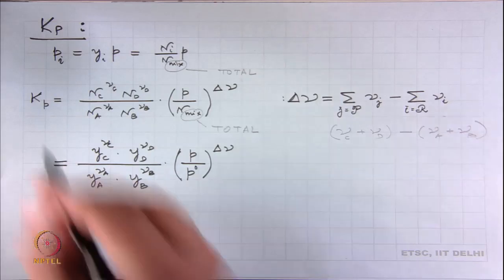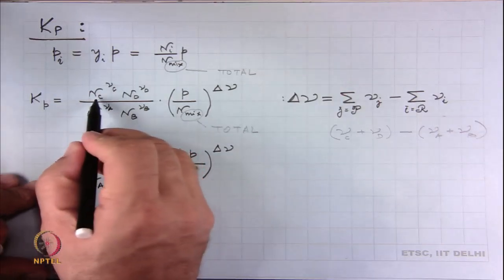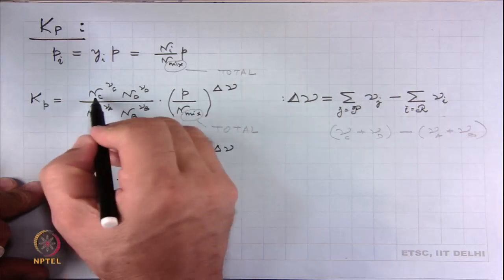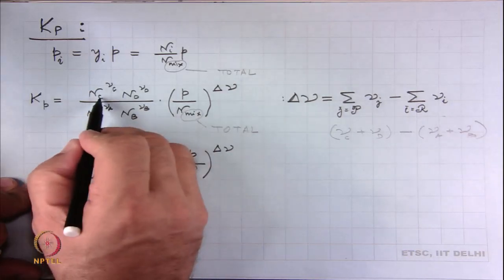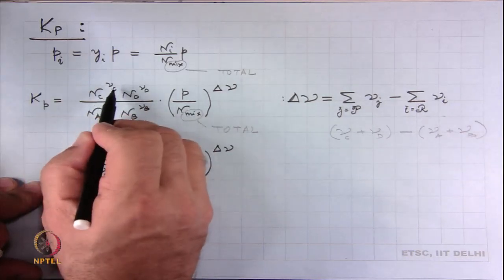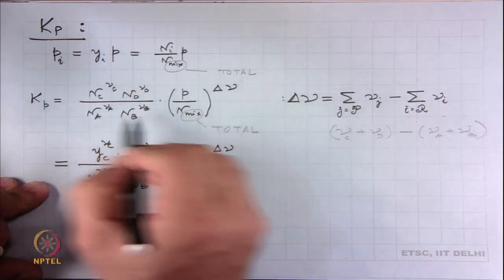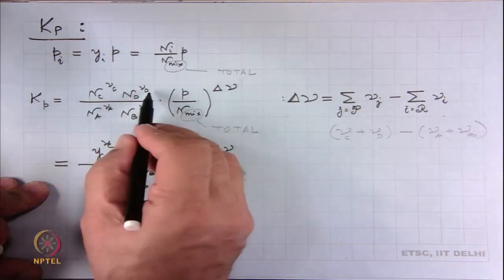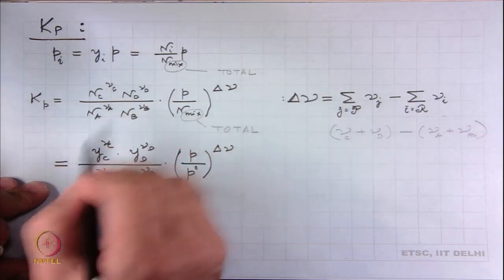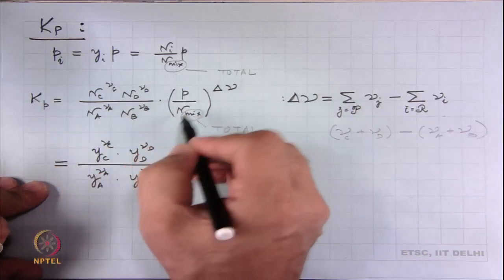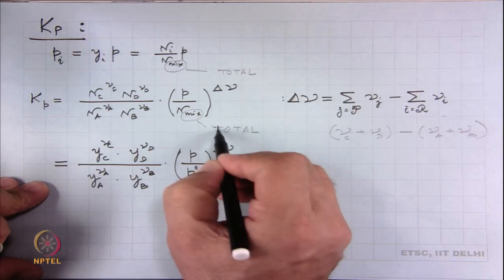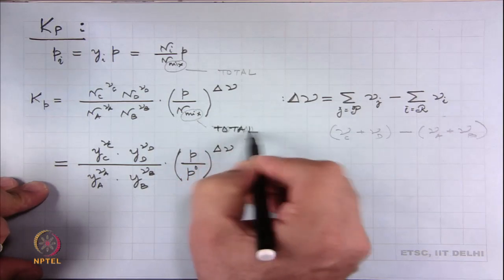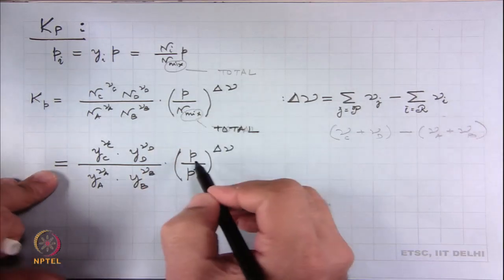K p then becomes the number of moles of each species to the power of its stoichiometric coefficient, the products in the numerator, the reactants in the denominator, multiplied by P upon n mix. N mix, as we are saying, is total. This whole thing is raised to the power delta nu.